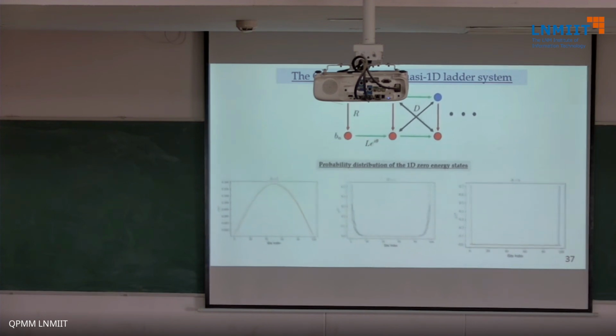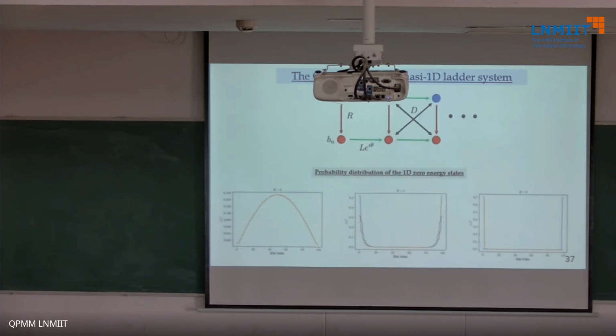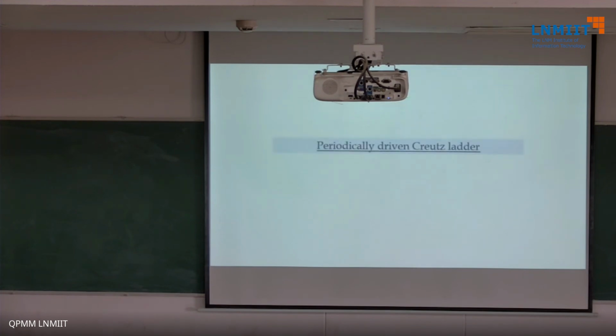So if R is less than 2, you have the wave function distributed all across the ladder. And if R is less than 1, there is a buildup of the wave function at the edges, showing topology at R equal to 0. If you shut down this hopping, then you have complete localization.